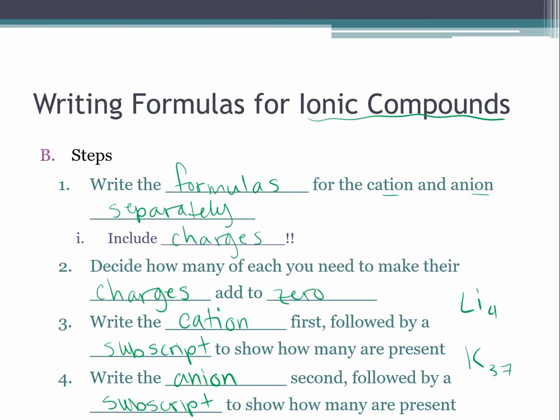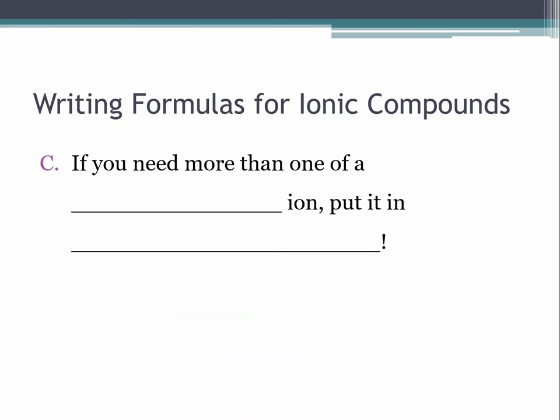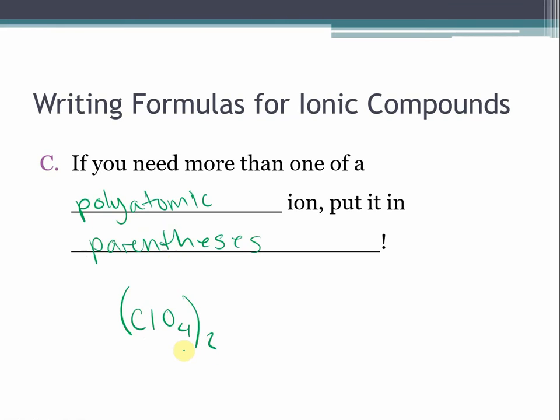And one more note, please remember that if you need more than one of a polyatomic ion, you'll need to put that formula in parentheses. So earlier we had an example with perchlorate, but it was written as ClO4 in parentheses and then a 2 on the outside.